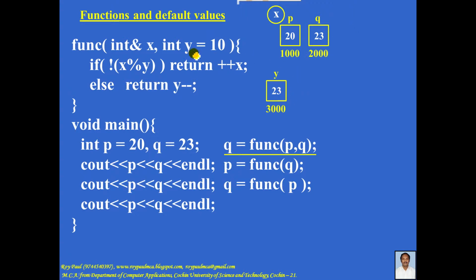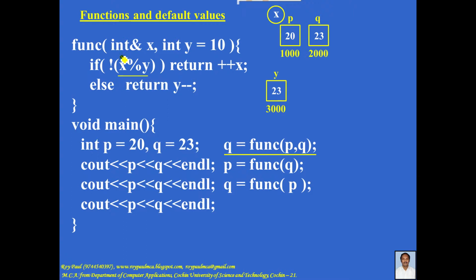Now kindly make a note of this default value. Suppose the second argument was not given, then the default value 10 comes in variable y. And if the second argument is given, the second argument q, for example 23, comes in variable y. Now control comes inside.